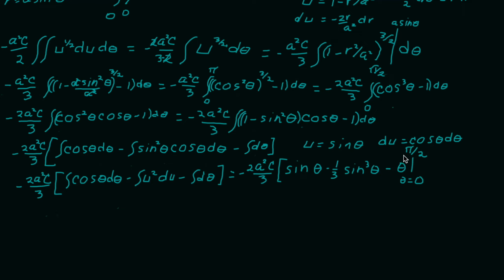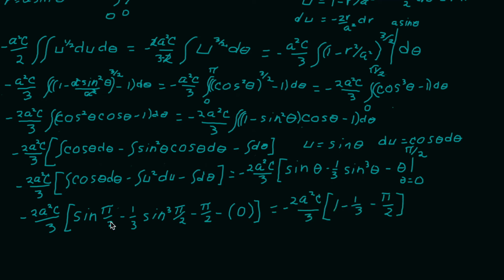Now we'll go ahead and plug these values in for θ. Pi over 2 into θ here gives us sine pi over 2 minus 1/3 sine cubed pi over 2 minus pi over 2, minus, we plug 0 in for θ on this. Sine of θ is 0. Again, sine cubed of 0 is still 0, and θ is 0, so all these will become 0 on the bottom half.